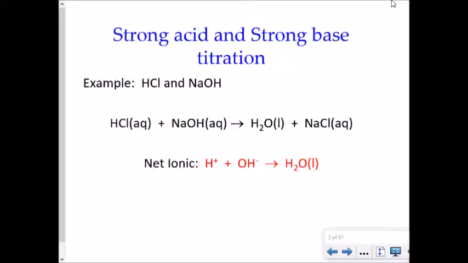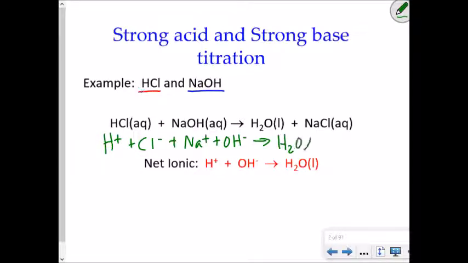So for a strong acid, strong base combo, this particular example is showing you hydrochloric acid, the strong acid, with the strong base, sodium hydroxide. If you break them apart into their ions, you would break this apart: H plus, Cl minus, and Na plus, OH minus. The water stays together, remember, because it's a liquid. And then this, of course, would break apart too, because it's a soluble salt.